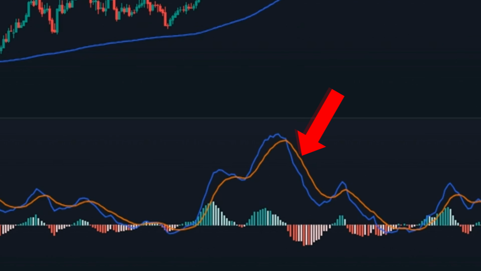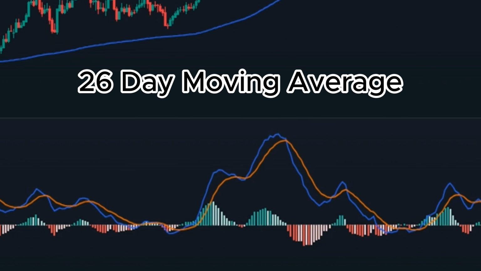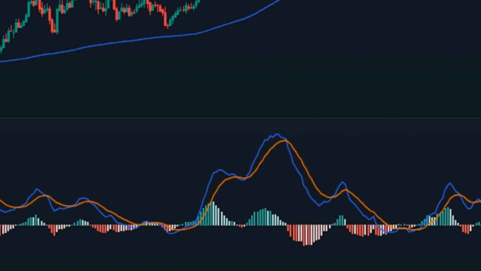The orange line is the signal line and is usually a 26-day moving average. Additionally, the histogram illustrates the difference between the MACD line and the signal line. For example, the smaller the space between the two lines, the smaller the histogram we have, or the bigger the difference, the bigger the histogram we have.